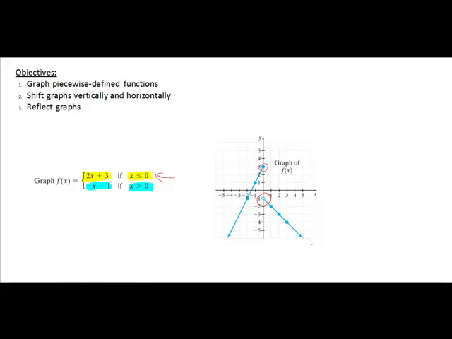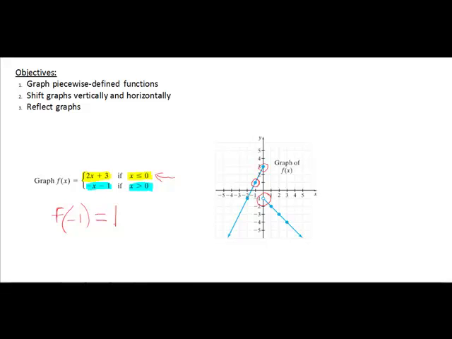So for instance, if I said, well, I want to know what is f of negative 1. Well, you can look at the graph and find it. If you go to negative 1, you go up, there's f of negative 1 right there. It's equal to positive 1, because the y value is 1. But you wouldn't have had to have the graph to know that.